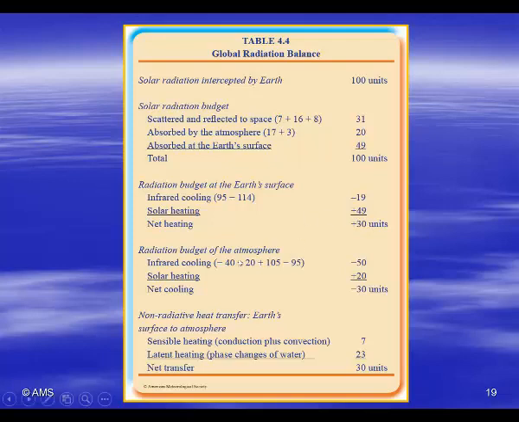If we look at the atmosphere, the cooling is about minus 50. The heating is about plus 20. We end up with minus 30. And finally, if we look at the non-radiative heat transfer, so this is sensible heating and latent heating, that's about 30 units.